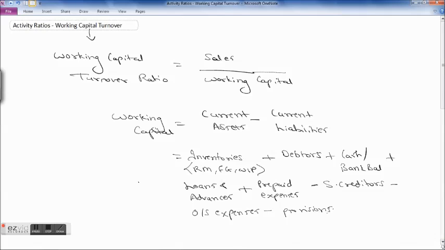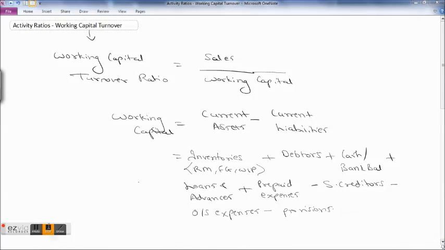So current assets minus current liabilities will give you working capital. Working capital turnover ratio will show you how many times your sales is as compared to your working capital. That is, for the particular working capital invested, what is the rate of sale. The higher the ratio, the higher is your efficiency of utilizing working capital, and vice versa. Now we'll see an example.